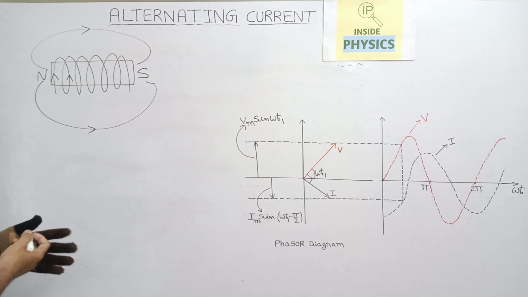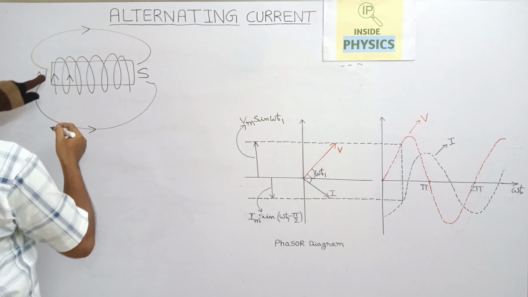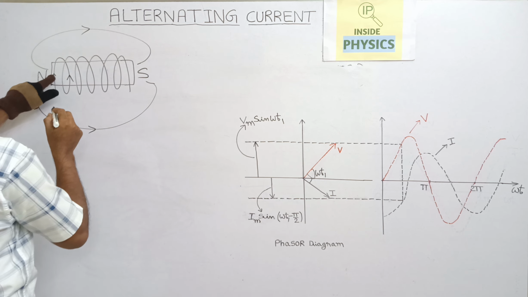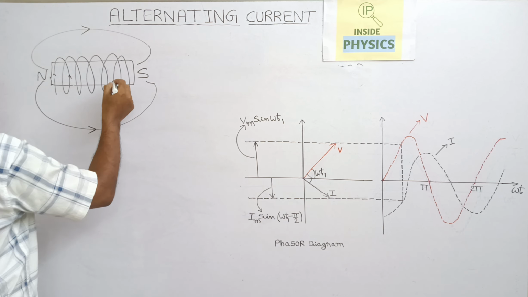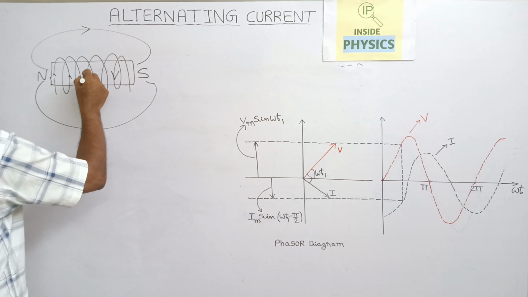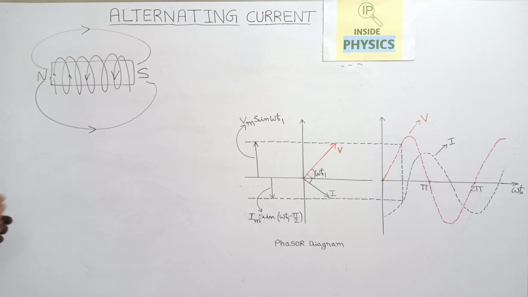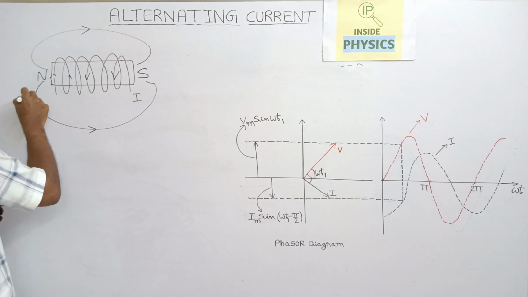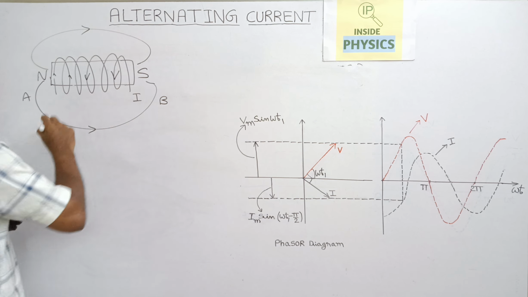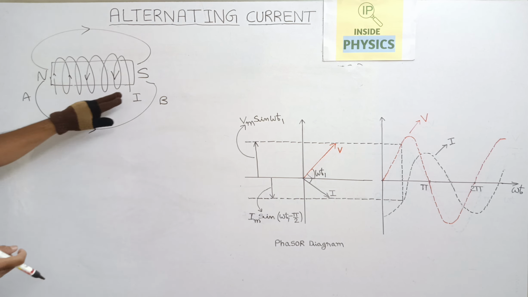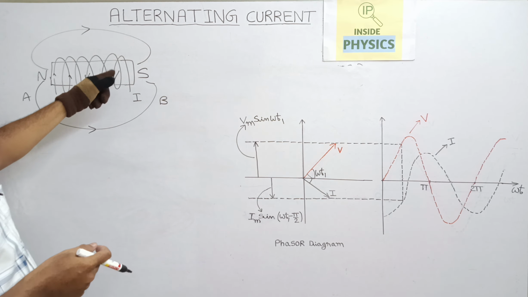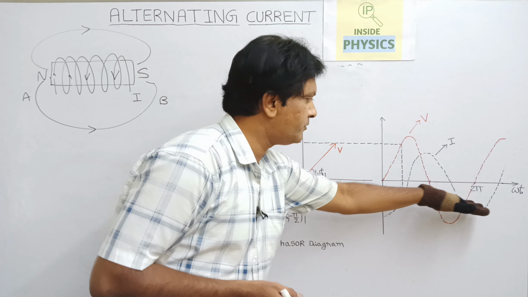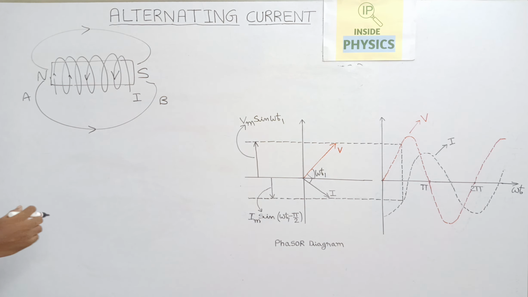In the same way, if the current is reversed in the same coil, that means the current will be flowing from B to A, say this is A and this is B. Now the current is in the reverse direction, on the negative side, and increasing.